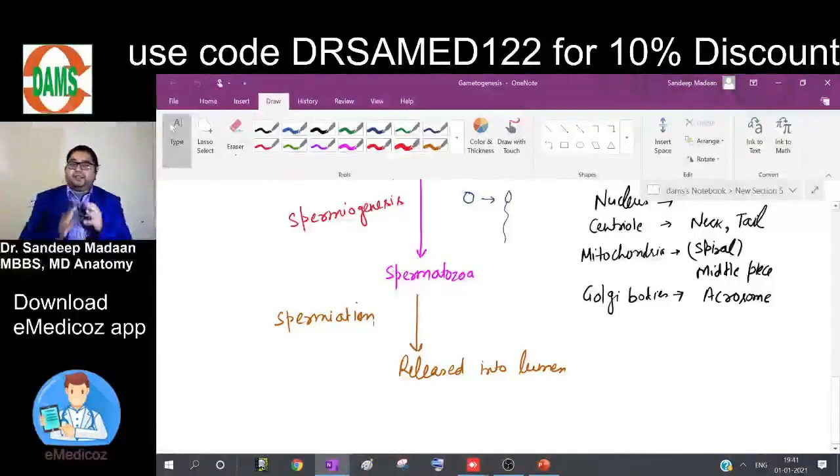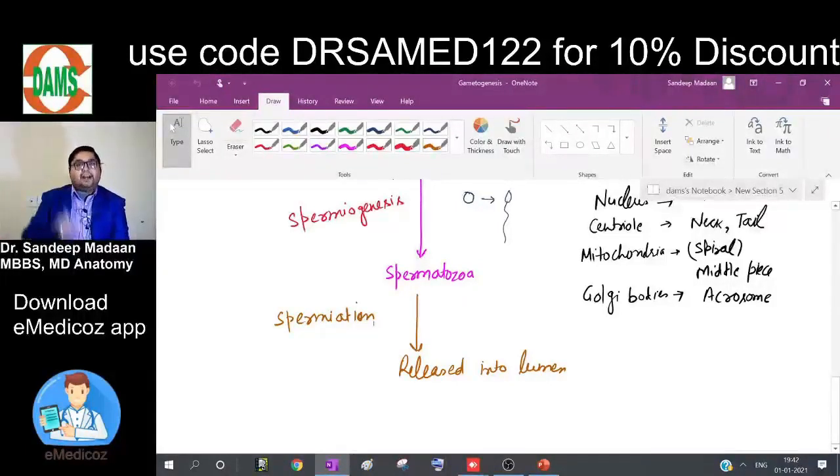Okay. So basically now they will be carried by the muscular movement of the tubes. Okay. So they are already in the tubules. So from the seminiferous tubules, they will be carried to the epididymis. Why? Two reasons are there. One, they will be stored there. So first thing, storage. Second, they will gain maturity. So the second part is maturation.